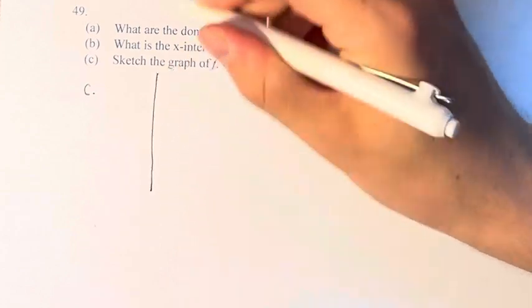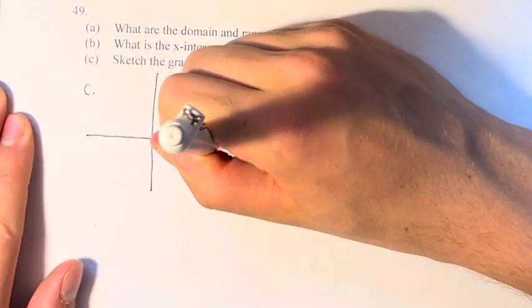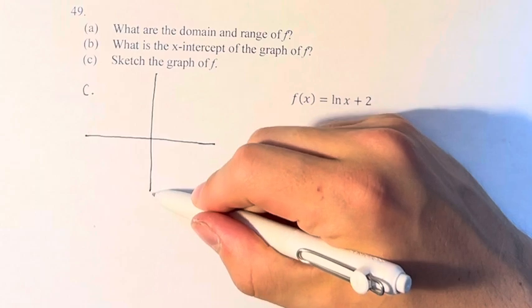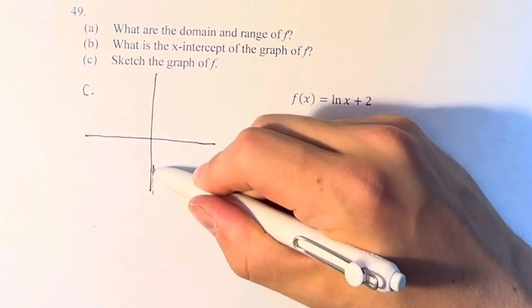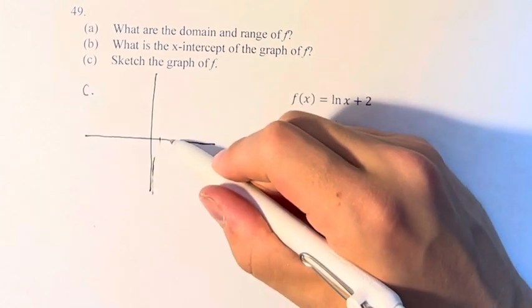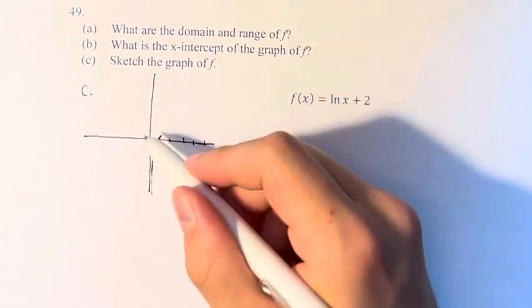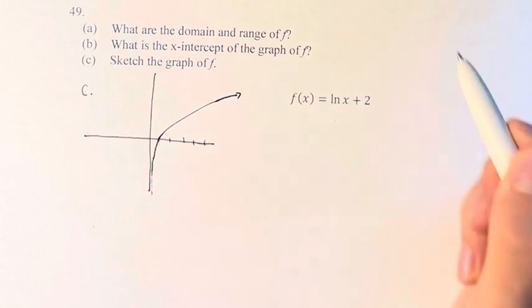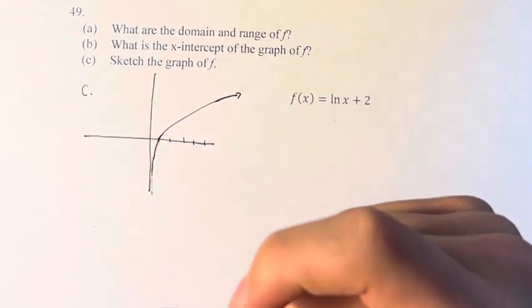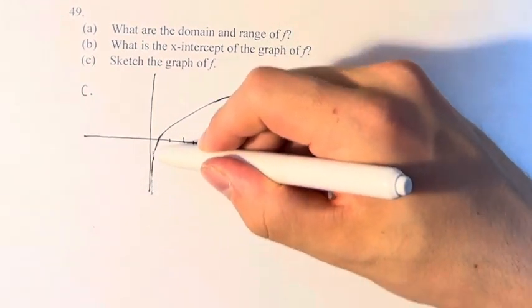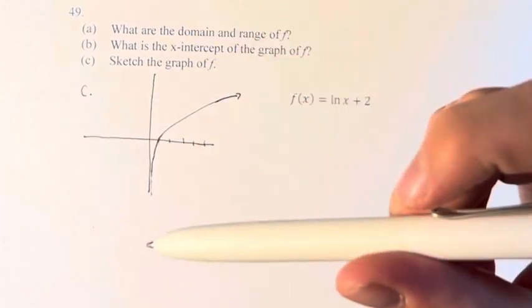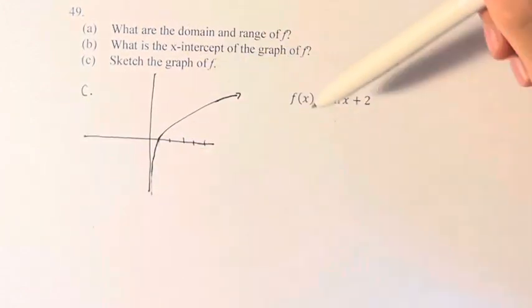So if we take the graph of ln of x, which goes off to negative infinity as x approaches 0, goes to the point 1, 0, and then goes off to infinity as x goes to infinity, all we have to do is shift this 2 units up, and we will get the graph of this function.